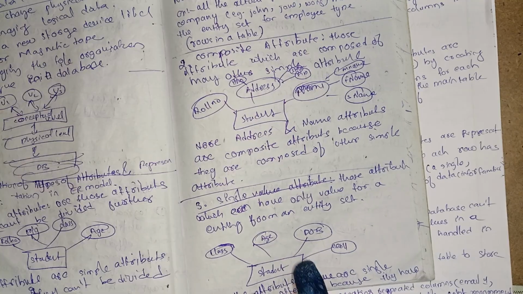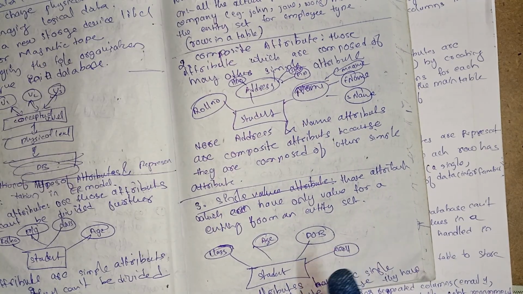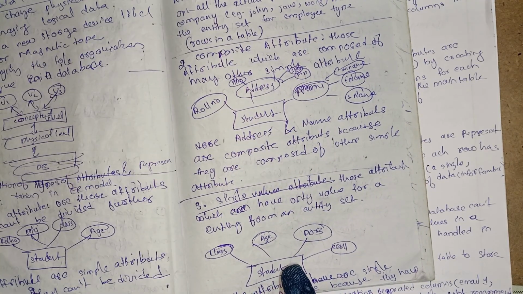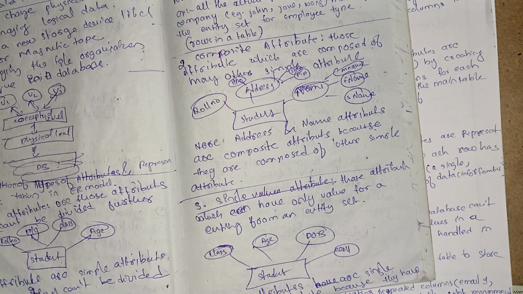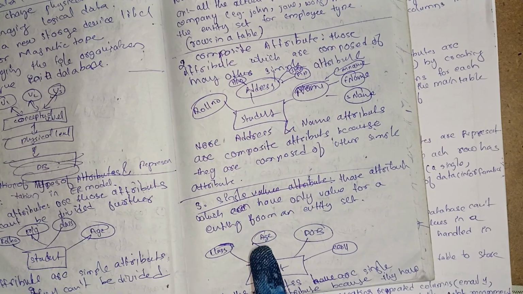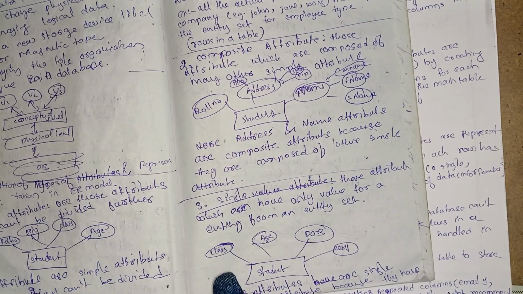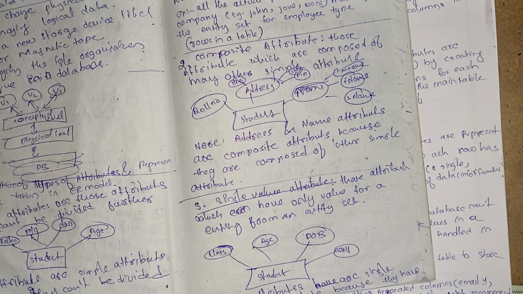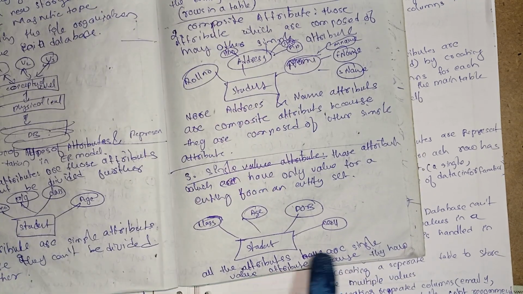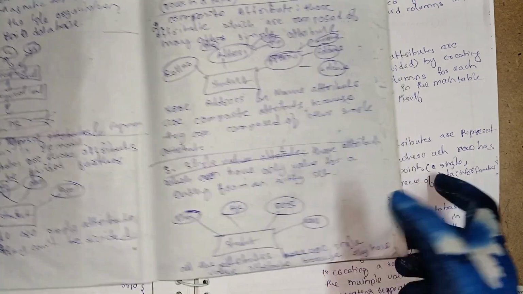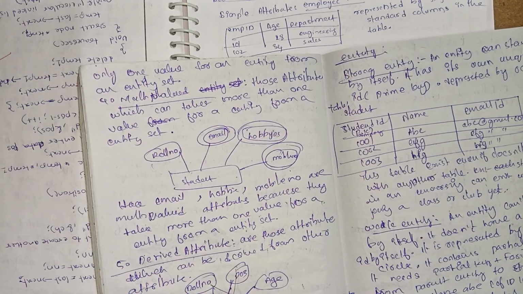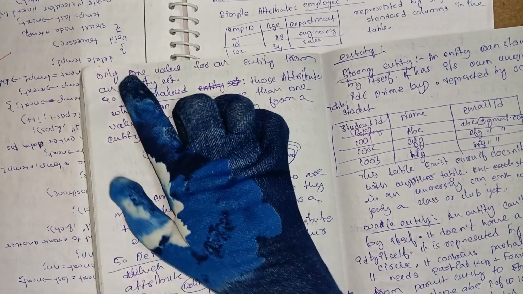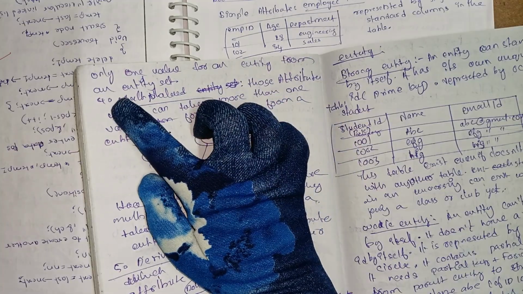So a student can contain only one roll number, and a student can contain only one date of birth, and age also a single value, and class also a single value. Here all attributes are single valued attributes because they have only one value for an entity from an entity set.